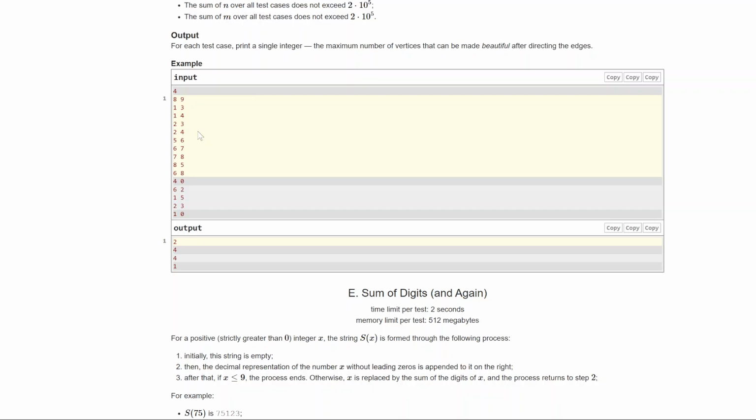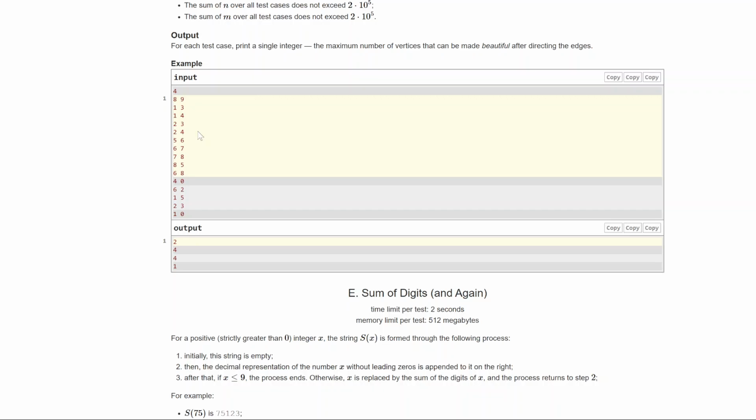Okay, let's write the test cases. It is 8 nodes, numbered 1 to 8. 9 edges, which are 1 to 2, 1 to 3, 1 to 4, 2 to 3, 2 to 4.